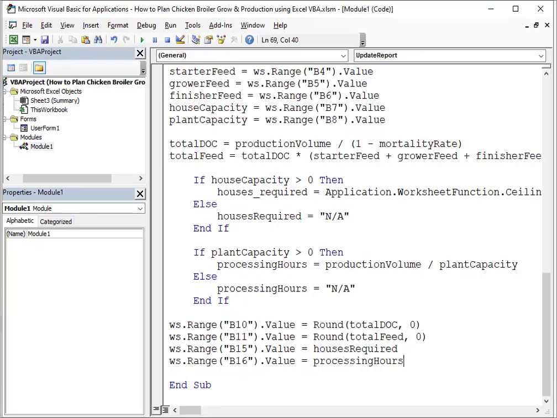Before we end it, I need to put a message box so that whoever is encoding the data will understand that it was successful.